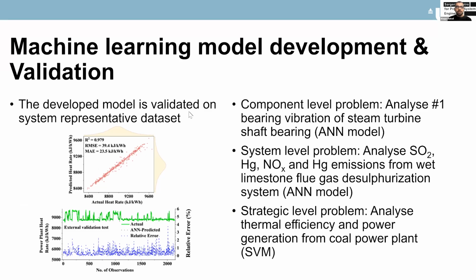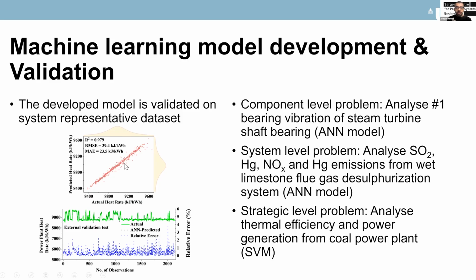And then we validated our developed model on the system. I just want to mention here that I have shown only a few results because I had 3 problems. So I have taken some representative graphs corresponding to different problems, just to make it a bit simple and avoid a lot of graphs here.